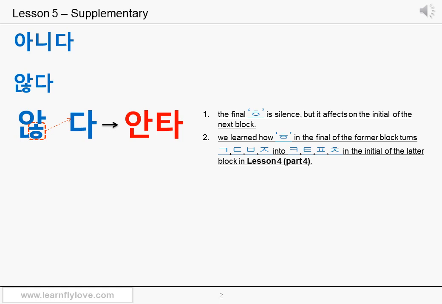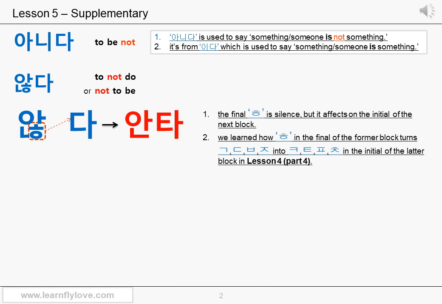It was said that the English equivalent of 아니다 is to be not, and that of anta is to not do or not to be. But it was not enough to explain the difference between these two predicates.